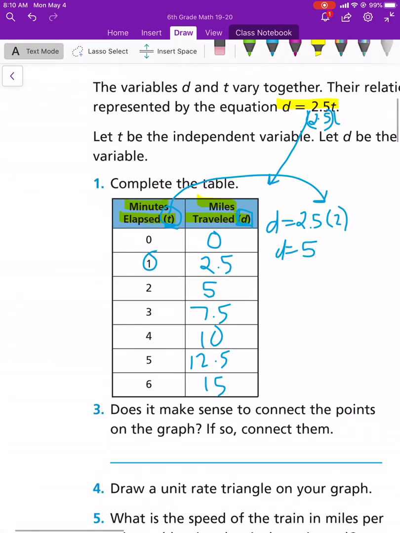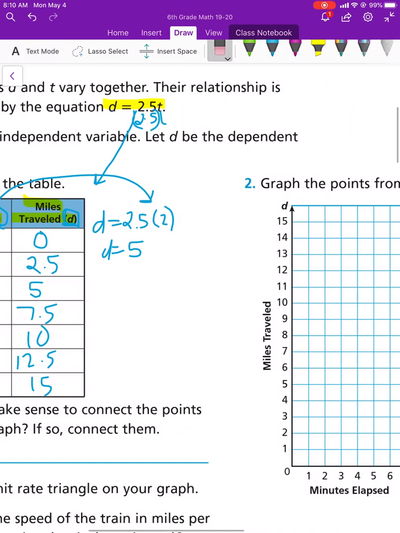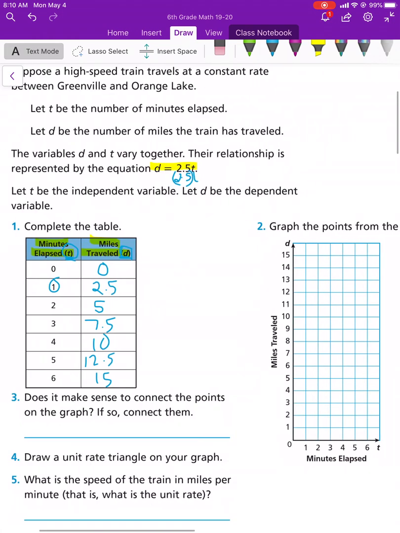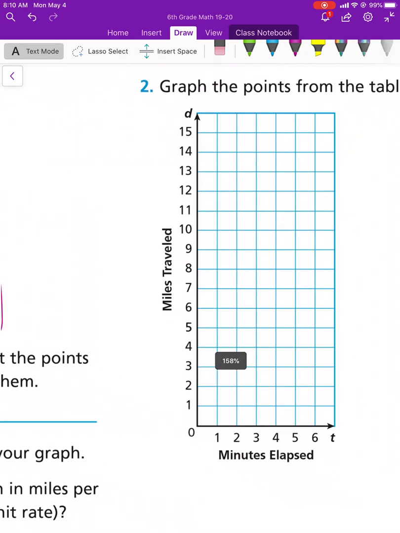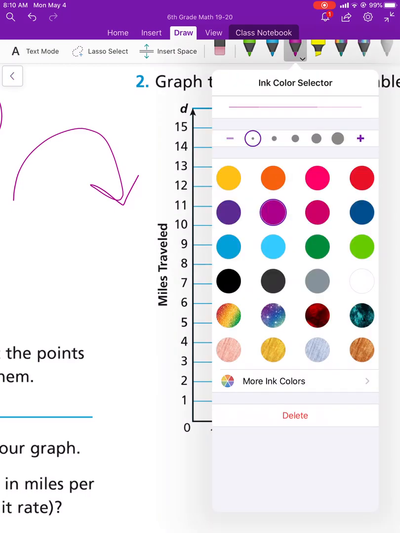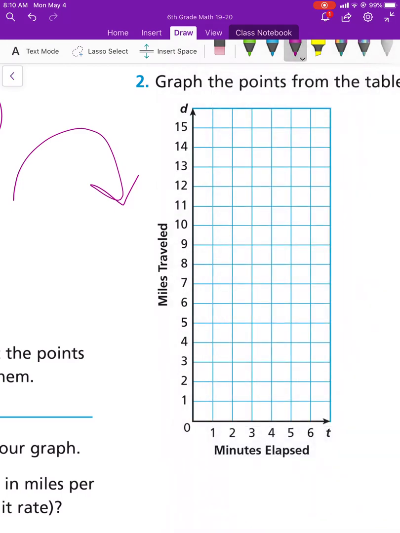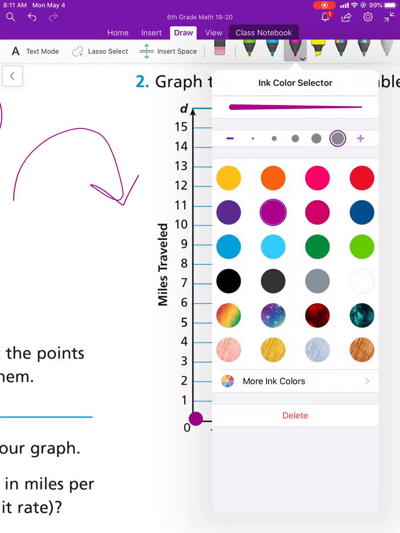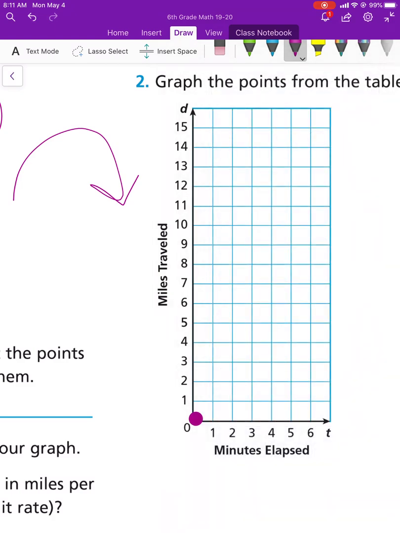Awesome. So now that we have this table, we can definitely take a table and put it into a graph, right? Let me get rid of some of this work over here. So we can take this and we can plug it into this graph, right? So we have 0, 0, and then we go to, let's make this a big, huge dot. 0, 0, and then it goes to 1, 2.5.